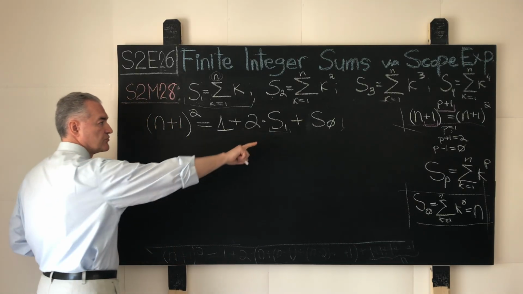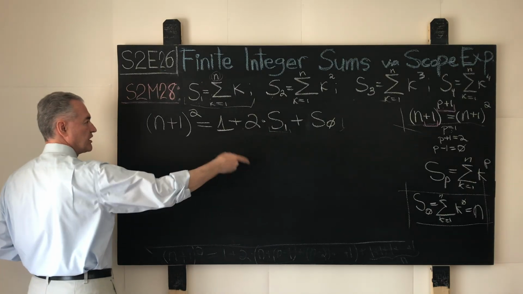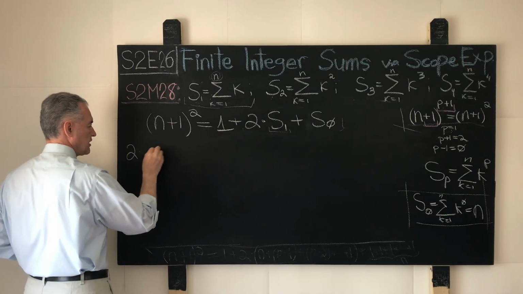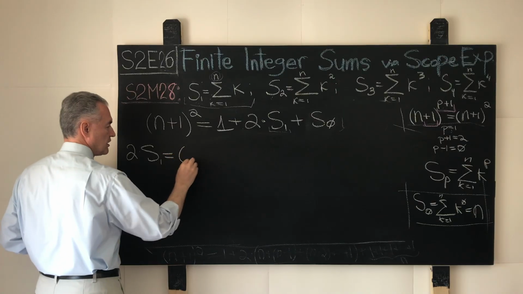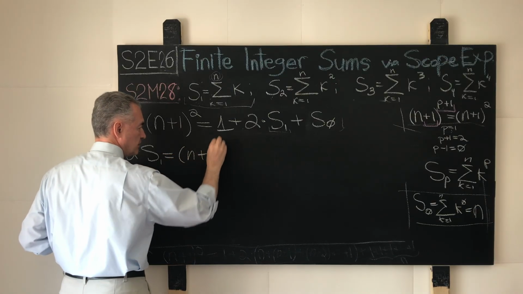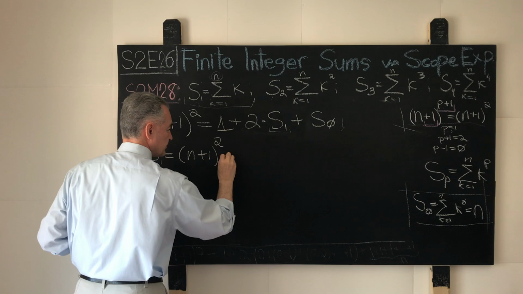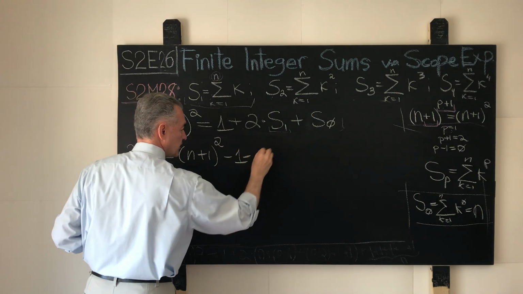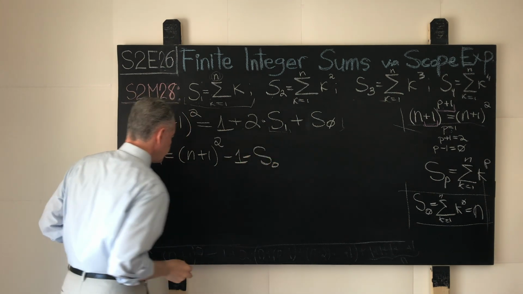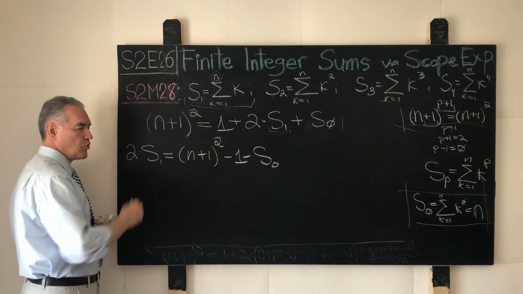As such, we solve this equation for S1 and we obtain 2 times S1 is what? N plus 1 squared minus 1 minus S0, and in some sense, game over here.